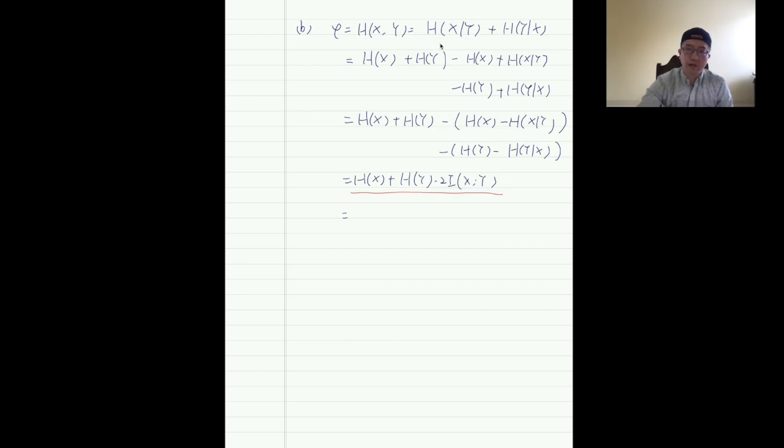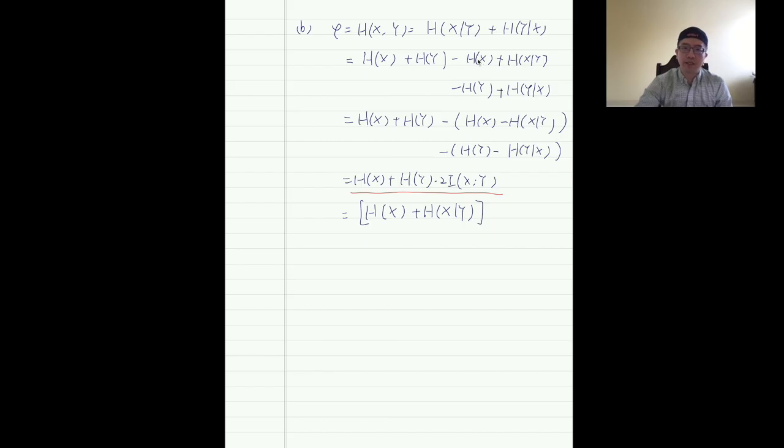So in this case, we may want to combine this term and this term here to get a joint entropy, right? And after that, let's organize what the rest is. This and that, plus that, minus that, we don't have that anymore.